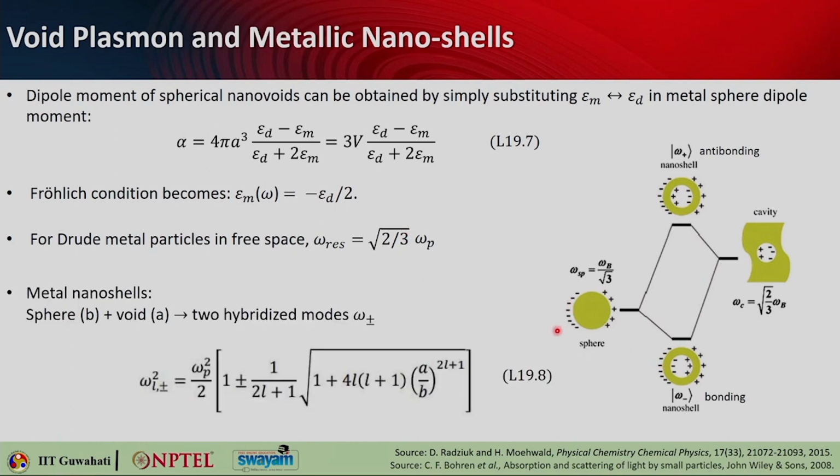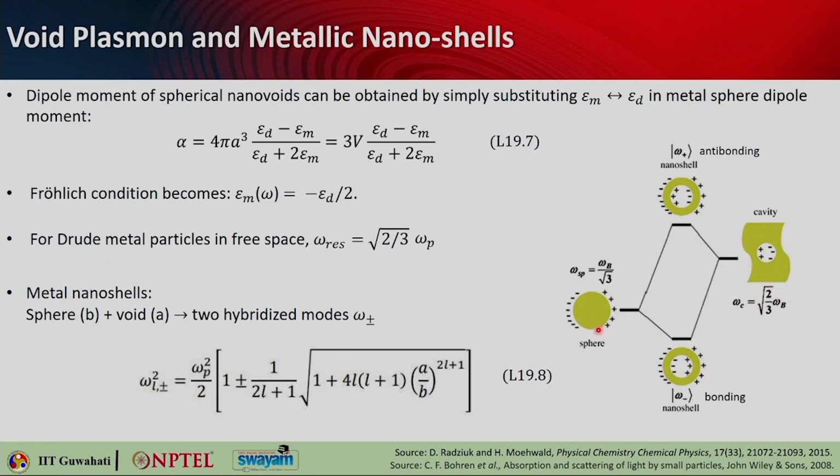Also there are two cases: the sphere plasmon that you have seen, where it is omega b, that is the bulk, or you can say omega p, the plasma frequency of the bulk metal, over square root of 3. Here it is different, okay. There is an additional factor of square root of 2 coming into the picture.